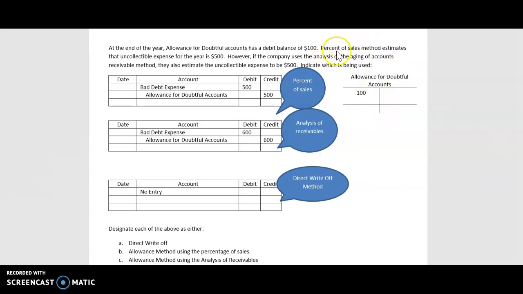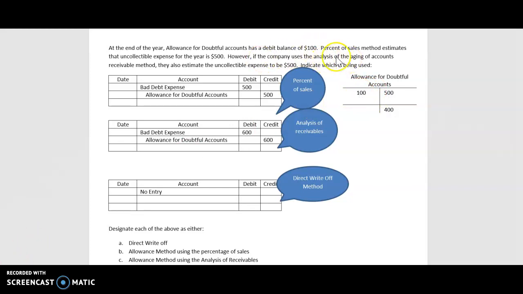So the percent of sales method estimates that uncollectible expense for the year is $500. So for percent of sales method, we take that estimate and we put it in to our journal entry for the allowance. Just like that. So we go ahead and we debit bad debt expense for $500 and credit allowance for doubtful accounts for $500. And then if you wanted to look inside your allowance account, you would see that you only have $400 now. That's because we already had a debit balance of $100.